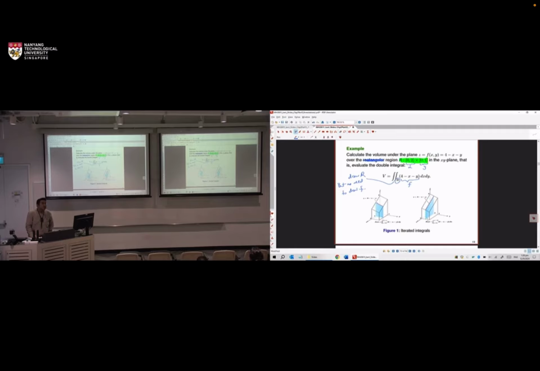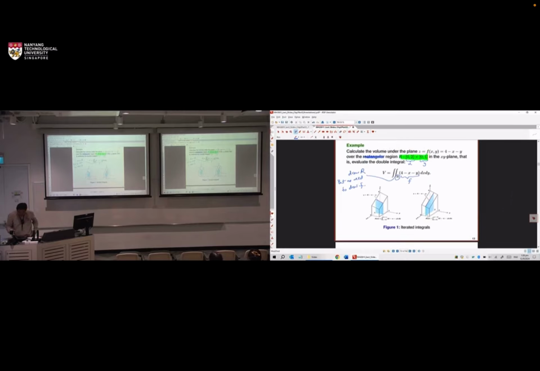But the region R needs to be drawn out so that you can analyze and use the right formula, depending on which direction you want to take.